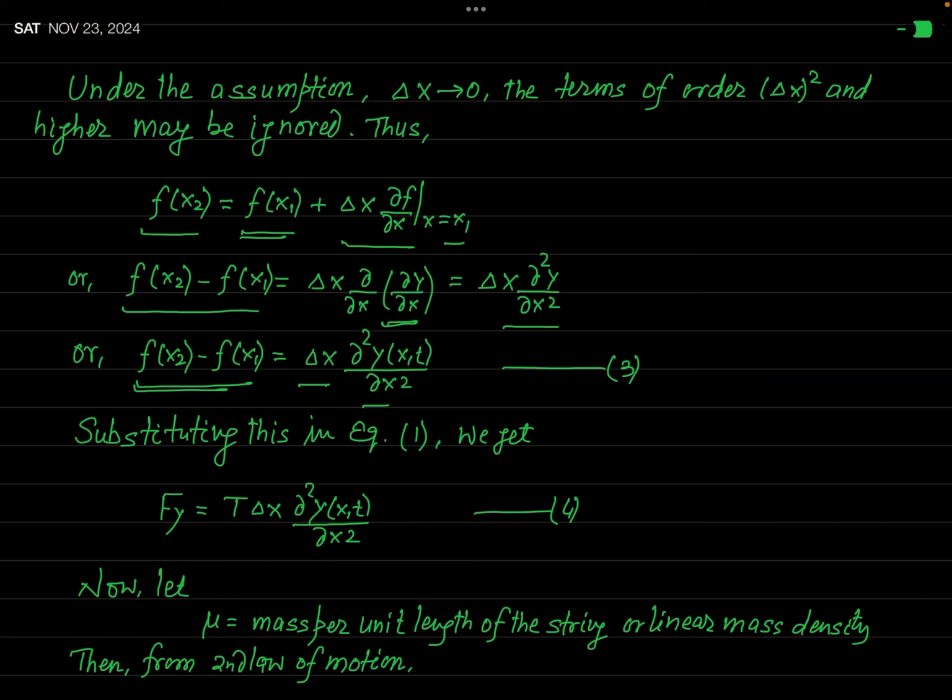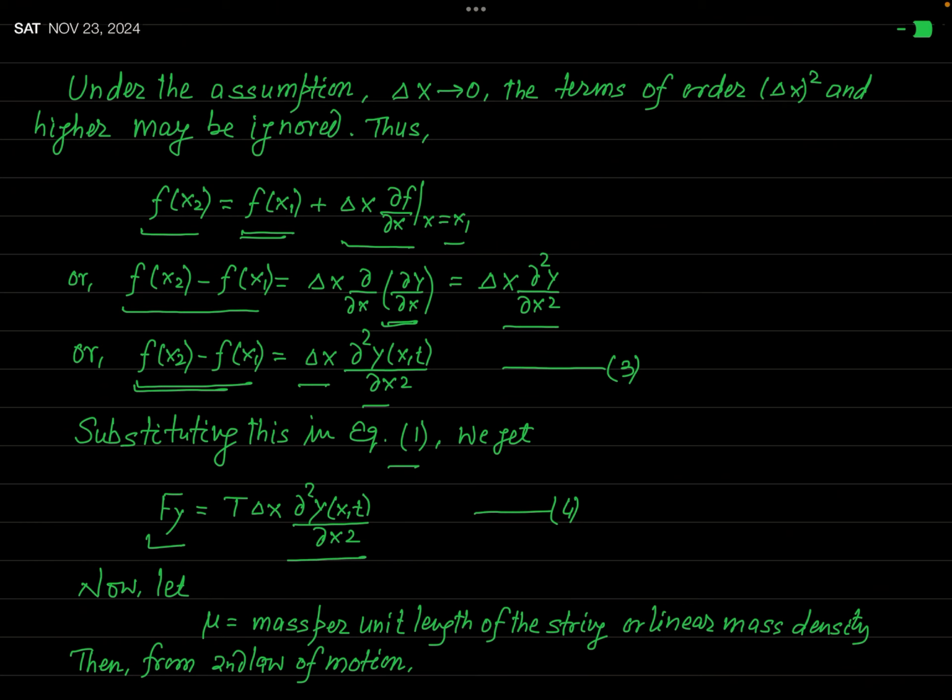So when you substitute this value in equation 1, you will get fy, and you can see fy will then be t times delta x times del 2y of xt by del x square. So in this way, we have obtained the net force acting on this element in y direction.